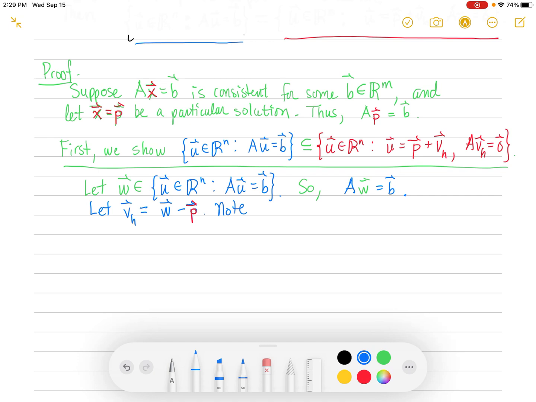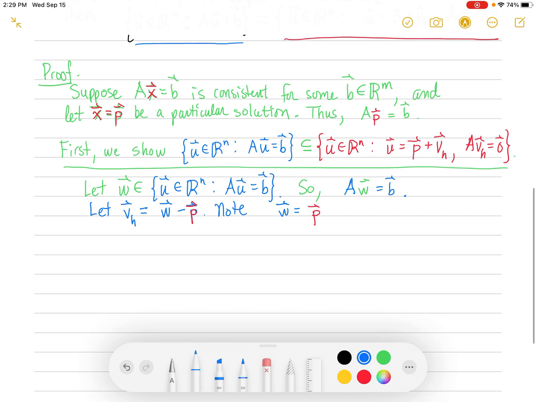So now I'm going to do another trick. Note W equals P plus W minus P. Isn't that correct? W is equal to P plus W minus P. We're talking about vectors here. What's another name for W minus P?